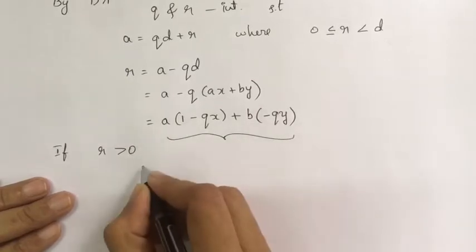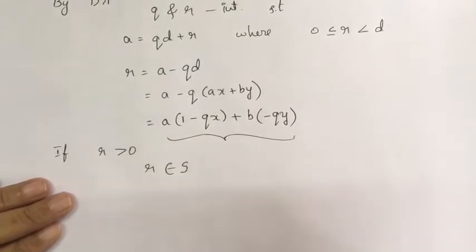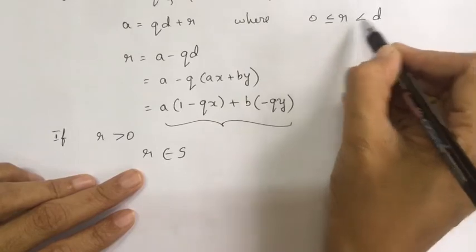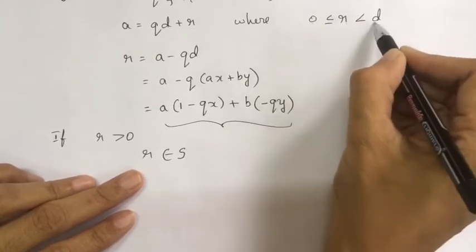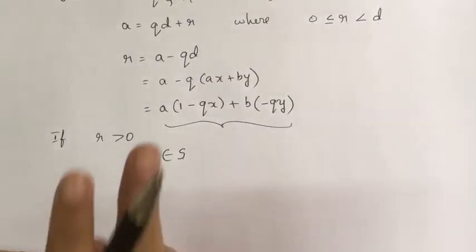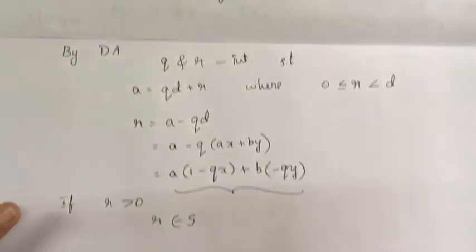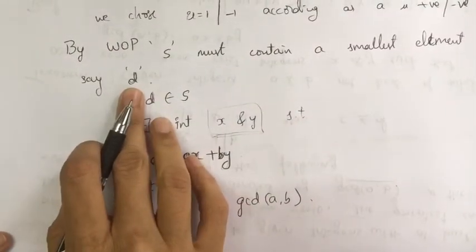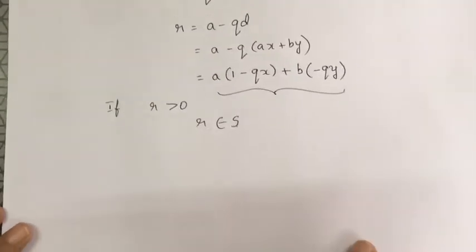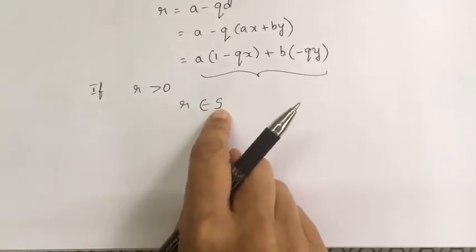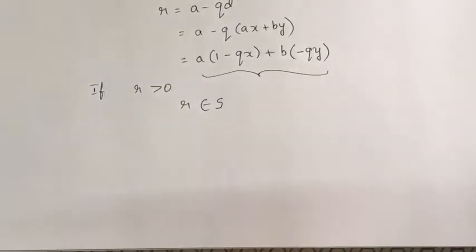Then from this representation, I can say that R belongs to S. If it belongs to S, then here I know R is positive and less than D. If R belongs to S, then this contradicts the fact that D is the smallest element in my set S. By the well ordering principle, I have considered D as the smallest element in my set S. When I represent it like this, I am getting R being positive, which belongs to set S. Therefore, it contradicts the fact that D is the smallest element.